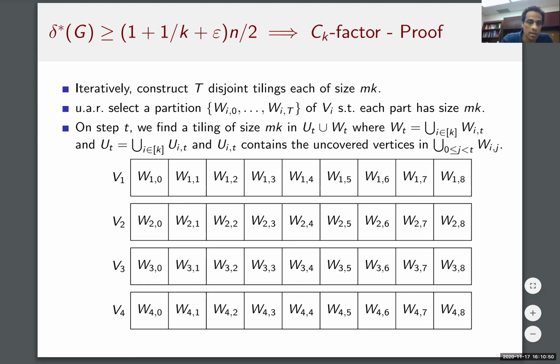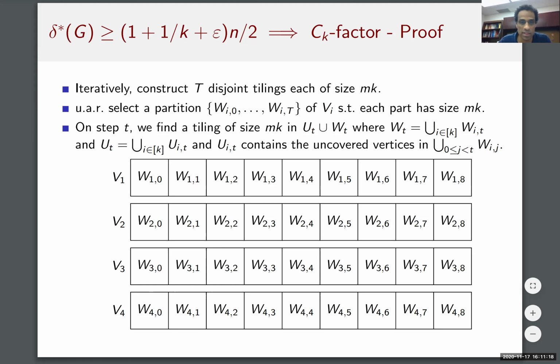And what is UT? UT is the union of this, the uncovered vertices in the previous columns. So if T is 3, then UT would be the unused vertices in the previous 3 columns.